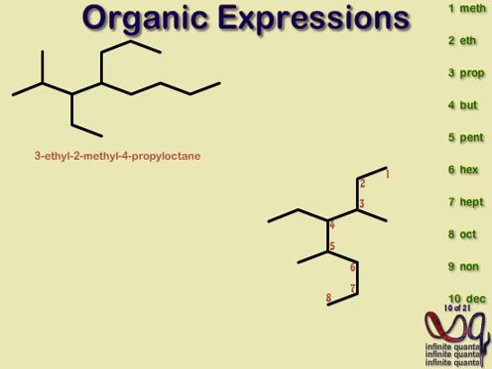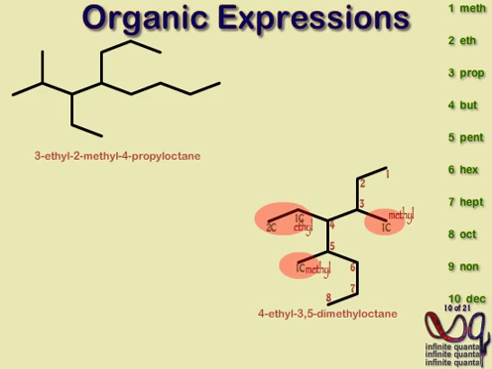So, what do I have on 3? 5? 4? Good. So we got 4-ethyl-3,5-dimethyloctane. And you put the di to show that they're 2 separate methyls.